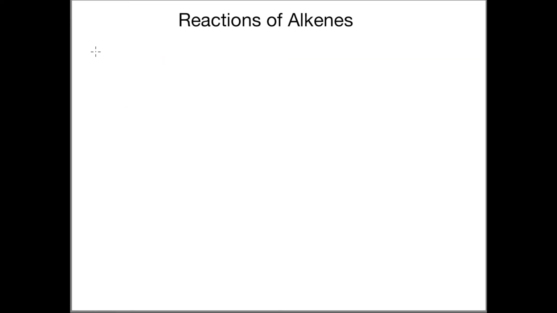So what have we seen here? Well, what we have just seen is an example of Markovnikov's rule. Markovnikov's rule states that in general you're going to form the more stable carbocation during one of these electrophilic addition reactions.